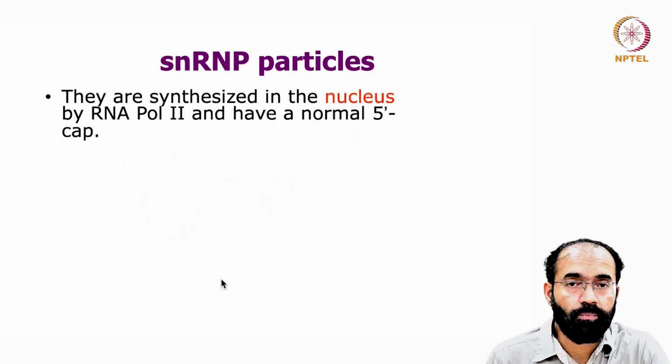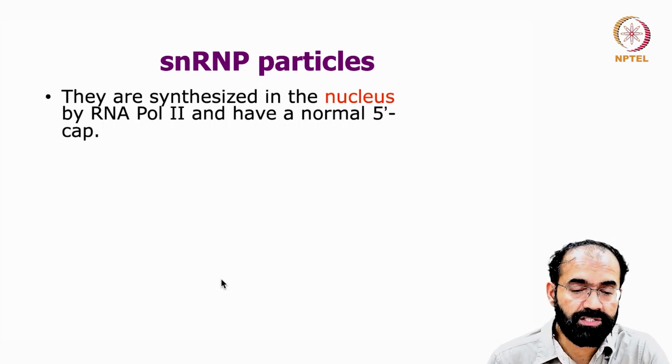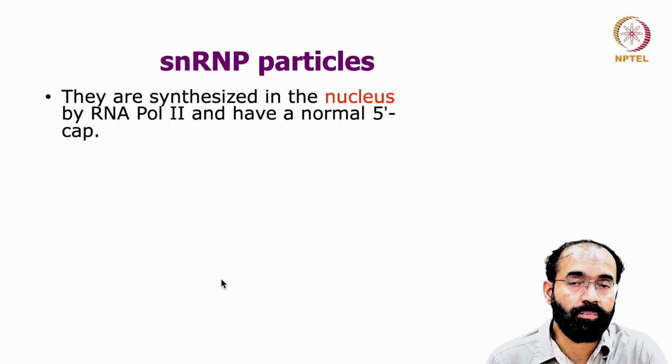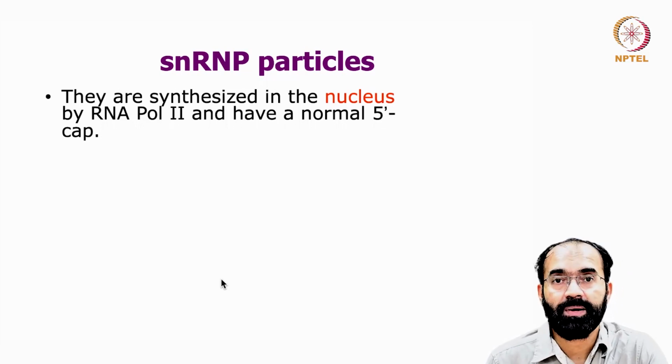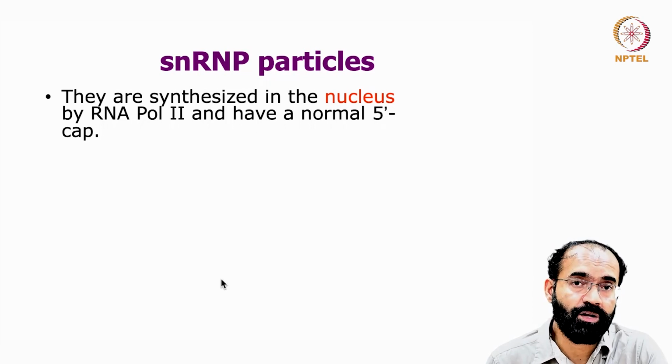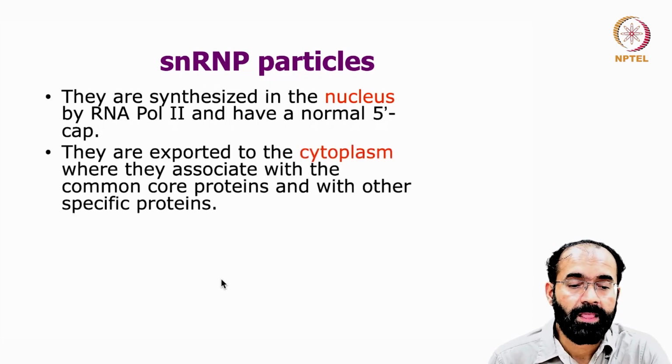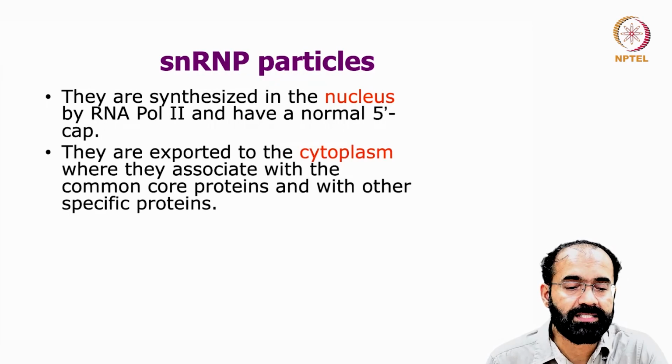And let us look more into the snRNP particle. They are synthesized in the nucleus by RNA polymerase II, and as soon as they are produced, after a few bases, say 10 or 15 bases, they will have a 5' cap that is made of 7-methyl guanosine. They are exported to the cytoplasm, where they associate with the common core proteins and with other specific proteins.